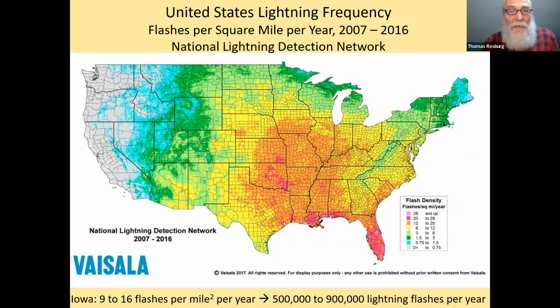That's still a lot of flammable fuel out there. And so I have no doubt that lightning was still causing fires to occur, even though Native Americans were using fire as a tool. Again, with that many flashes per year, there would be a lot of potential.